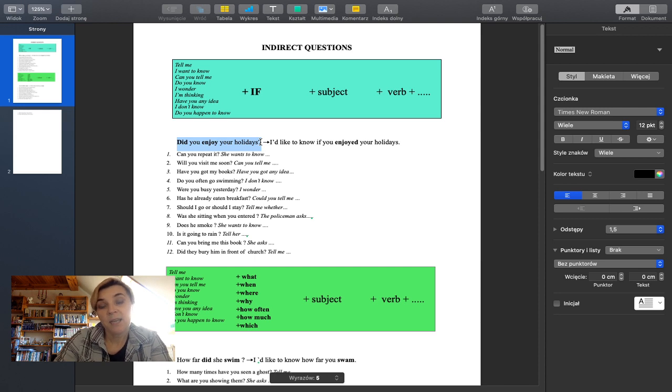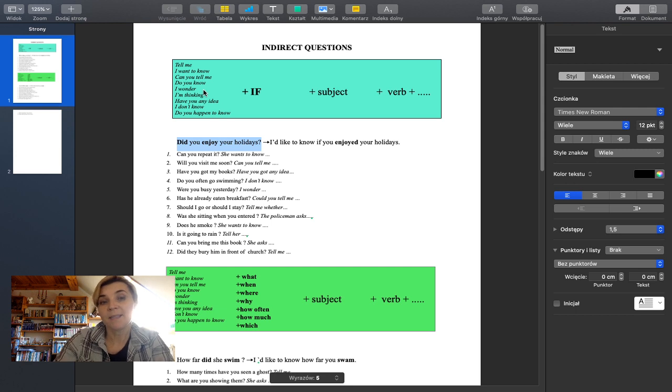But if you, for example, wanted to ask the question to your teacher, let's say, or a colleague from work that you have a formal relationship with, you would be more likely to start the questions with the beginnings in that green table, like, tell me, I want to know, can you tell me, and so on.